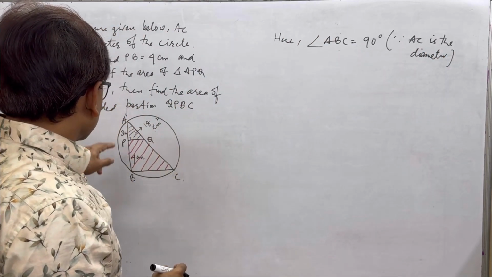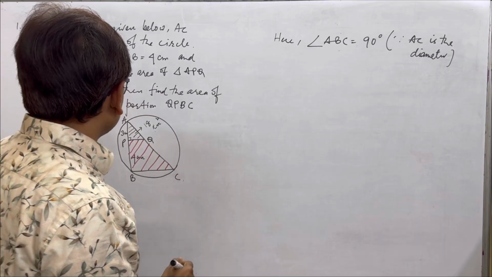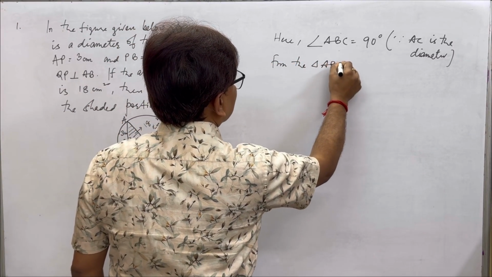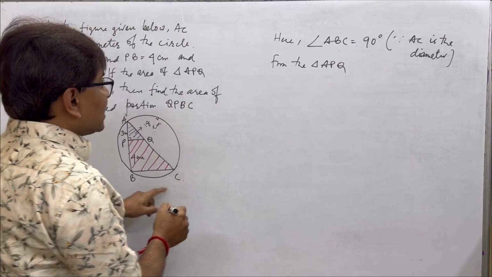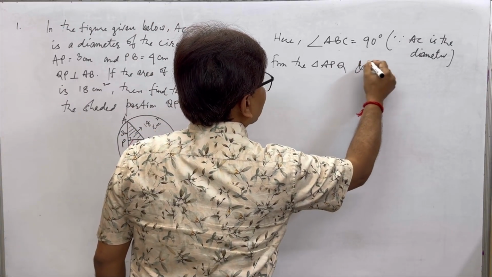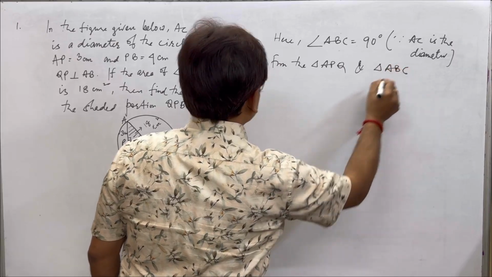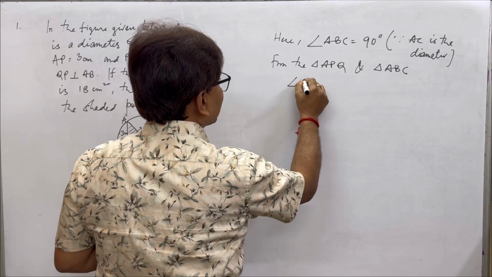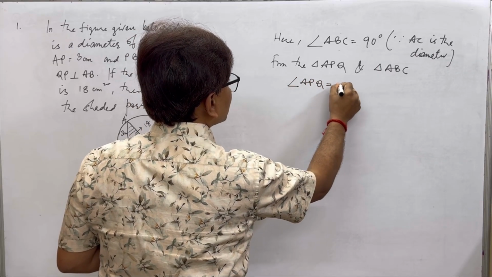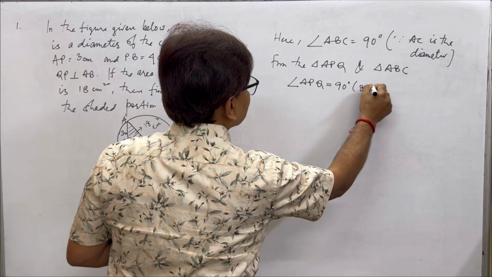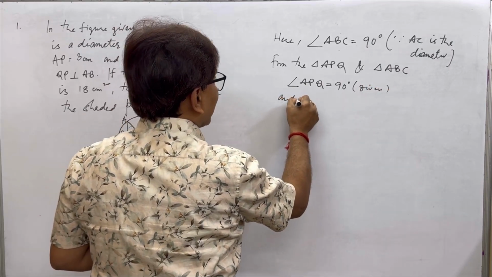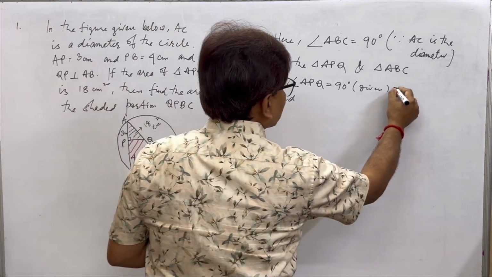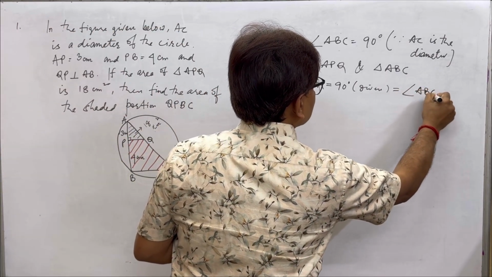Now from triangle APQ and triangle ABC, we see angle APQ equals 90 degree, given, and angle ABC also is 90 degree.